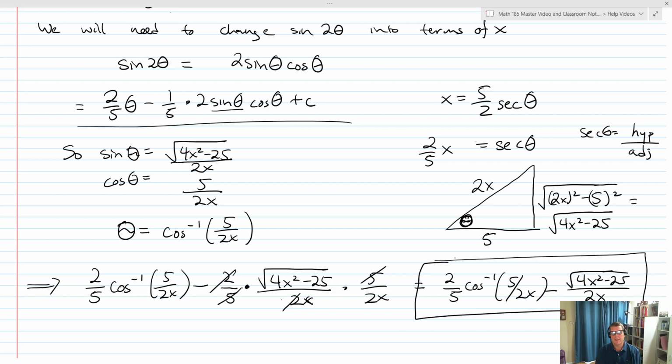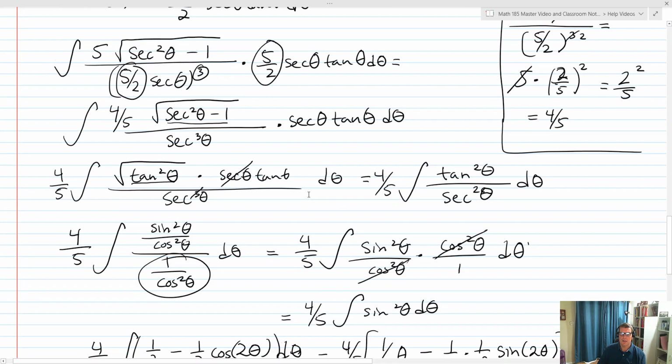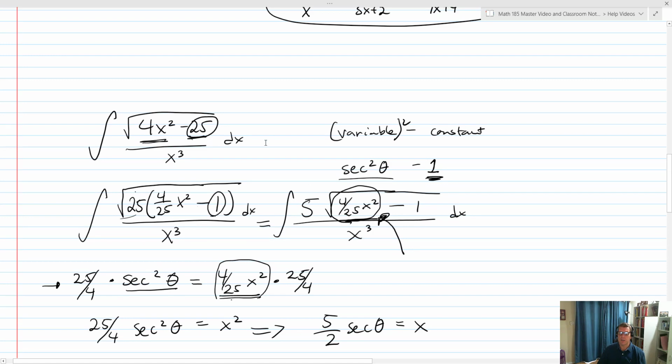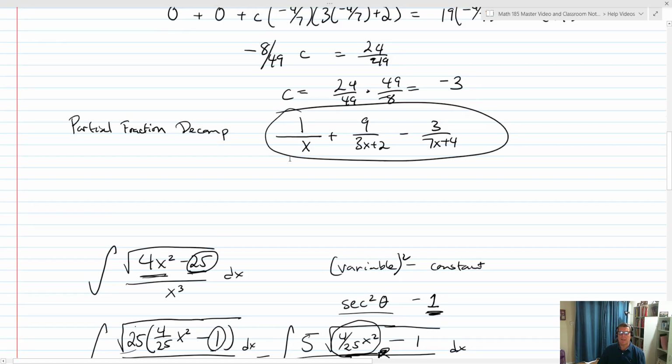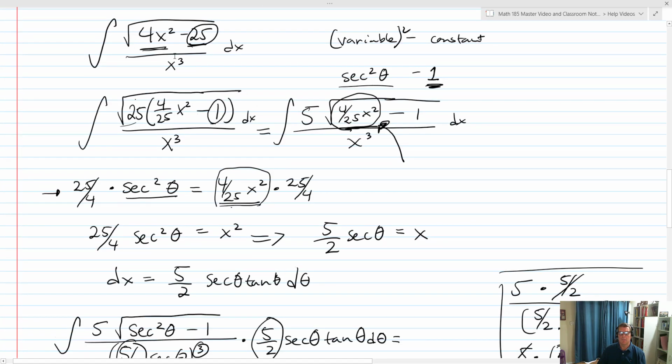So this one showed a lot of really interesting stuff. Let's go through and discuss some of the interesting characteristics. One had to do with Javier's question about what happens if we have 4x squared minus 25, where neither one of them is 1 in front of the coefficient. What do I do?